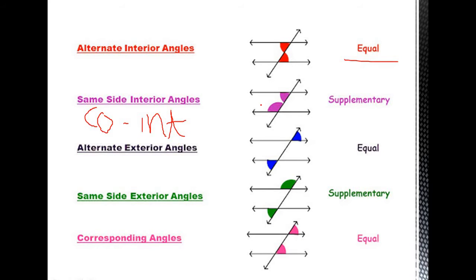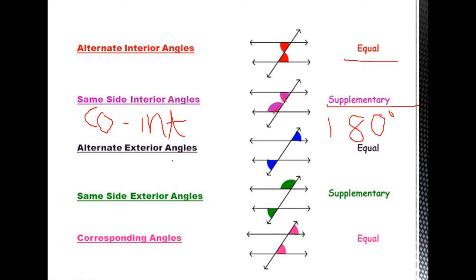These two are called co-interior angles, and they are always supplementary, that means they add up to 180 degrees. You know what supplementary is, so no need to discuss it here.